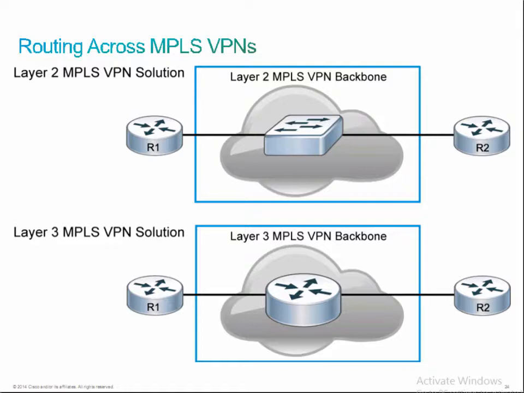If you want to allow yourself to participate in multiple VPNs, in other words, maybe an internet-based VPN, maybe a service provider managed telephony VPN where they're hosting your telephony services for you, and then you've got your corporate VPN, if you're going to participate in several different VPNs, you may choose to use a layer 3 MPLS VPN, where you outsource your routing to the service provider.